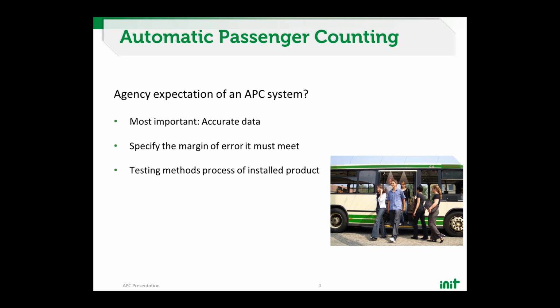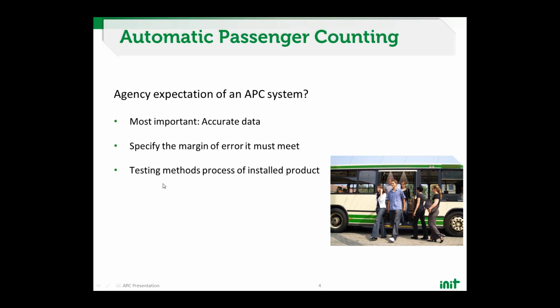The most important point for an agency is accurate data, to present data that you can use, that you can plan with. I encourage everybody, when they come out with new RFPs, to specify the margin of error it must meet. We have seen in the past that RFPs are copied from the specification, and at the end the accuracy is not specified as it should be in the procurement process.